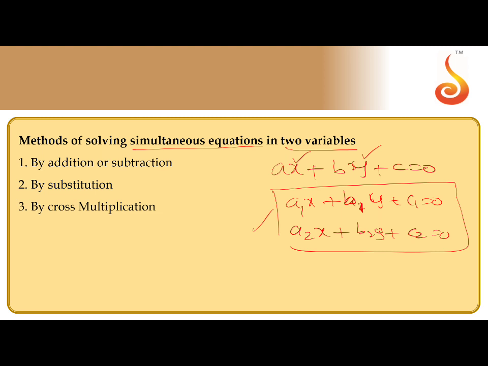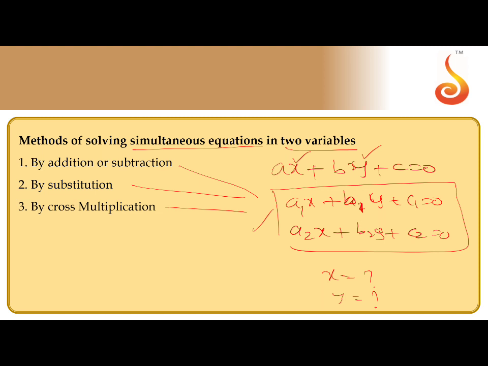Solving means you have to find the x value and the y value. How to solve these equations? Different methods are there. One is addition or subtraction, next substitution, next cross multiplication method. These methods are very useful for higher classes.